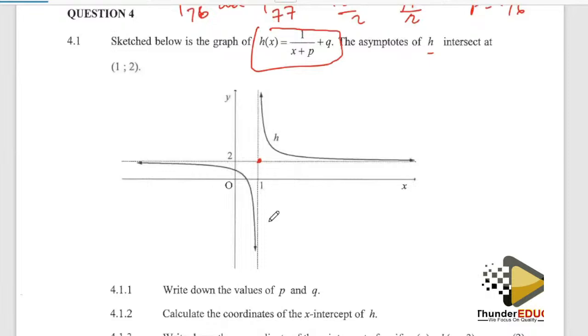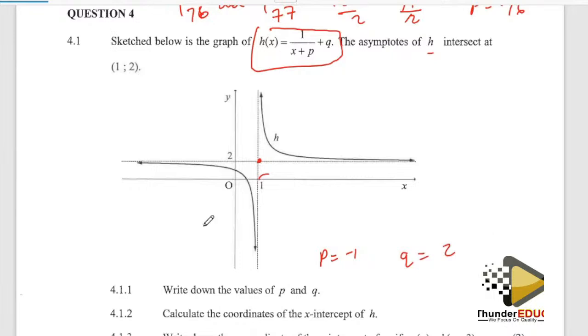So what we can see is that p within the equation, since this is a plus 1, within the equation is going to be represented as a negative 1. And then the q will never change, it always stays the same with the signs.